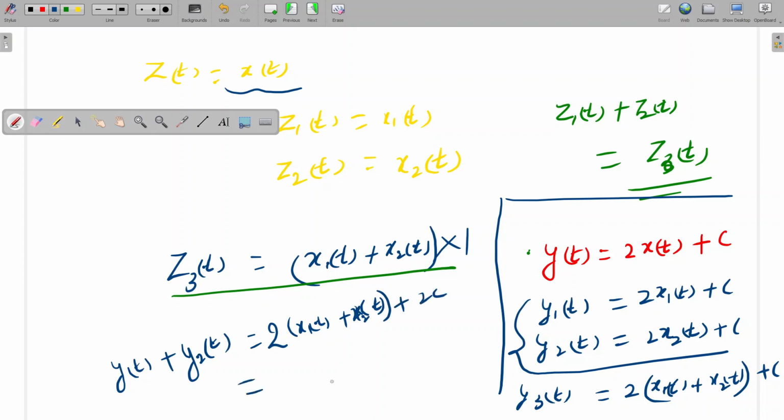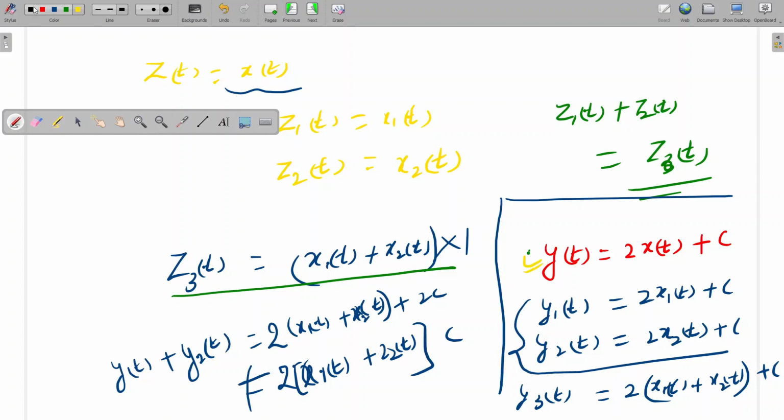However, y3 of t is 2 into (x1 of t plus x2 of t) plus c. So these are not equal. So this system will also be non-linear.